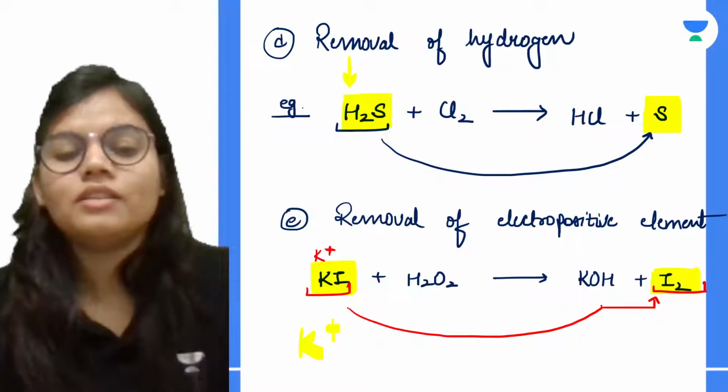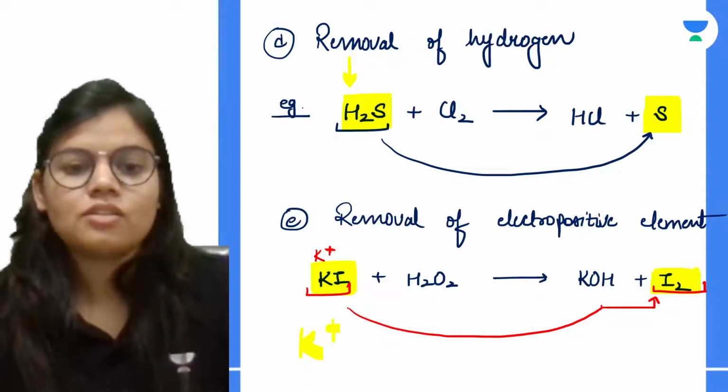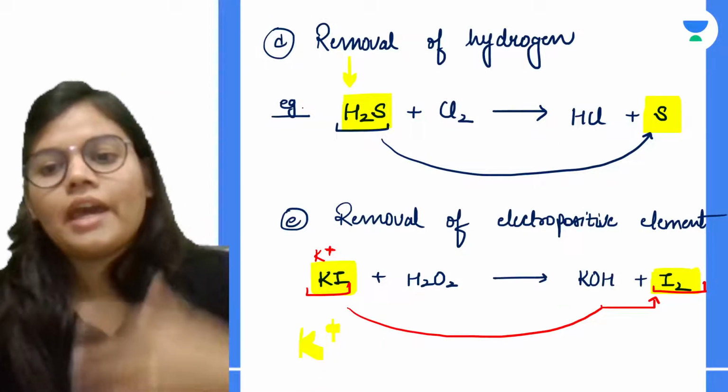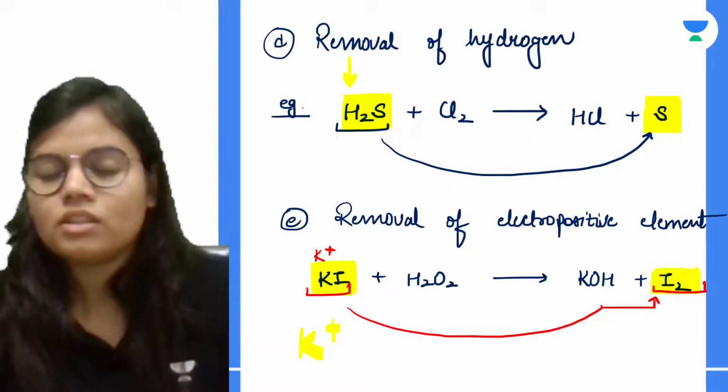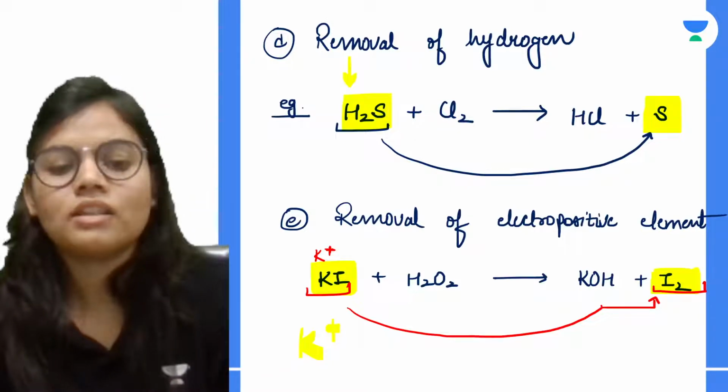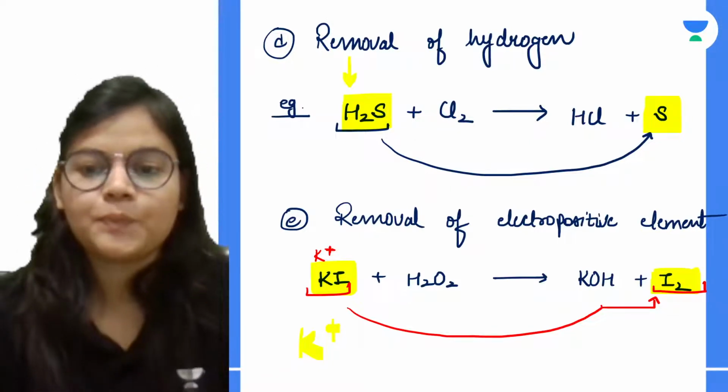So these are the basic definitions of oxidation. Any example falling into these categories, we can say the oxidation has taken place. Now, next we are going to learn about oxidizing agents.